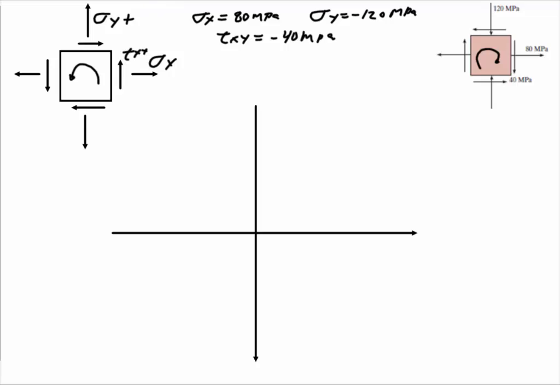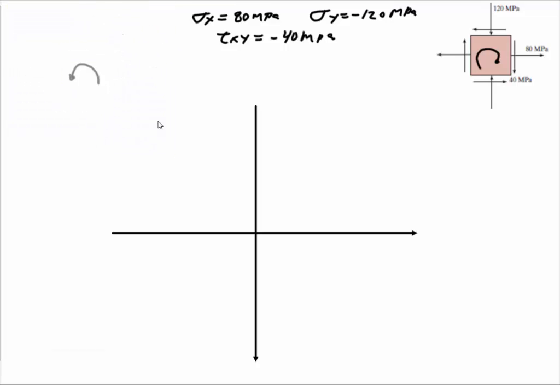Okay, I'm going to delete this, just give myself a little bit of space. Now, to draw the circle, you're going to let your normal be along the horizontal. You're going to let your shear be on the vertical. The thing about shear is anything that goes down is going to be positive here. Anything that goes to the right here is going to be positive. Once you have that established, go ahead and find the center of the circle.